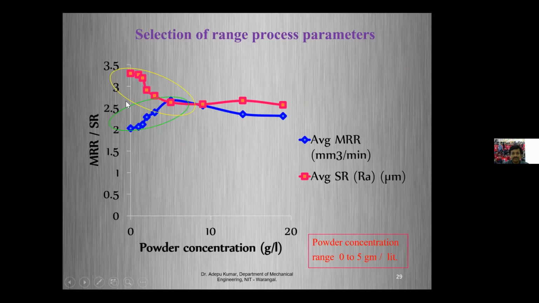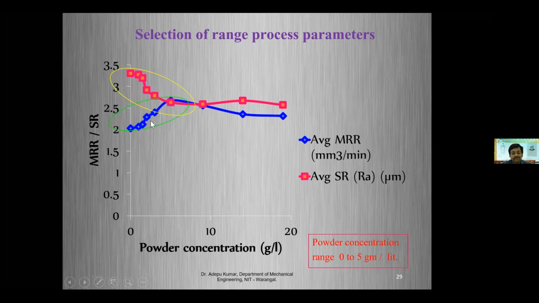So here I rounded off, from 0 to here is my range for MRR powder concentration. Similarly for SR, I am extending a little more. Compromising in both cases, I am limited to 5 grams, or between 0 to 10 grams per liter. So without doing preliminary experimentation, you should not identify the range.